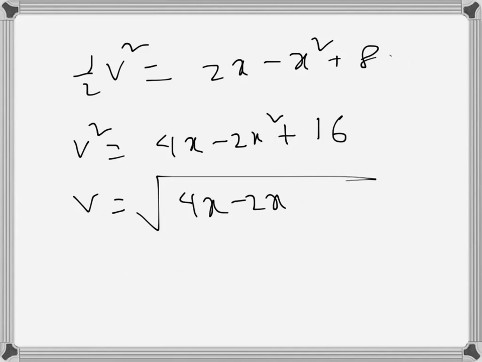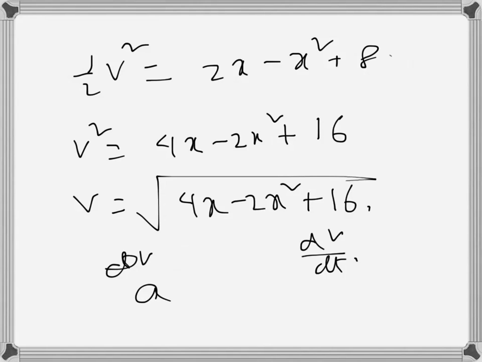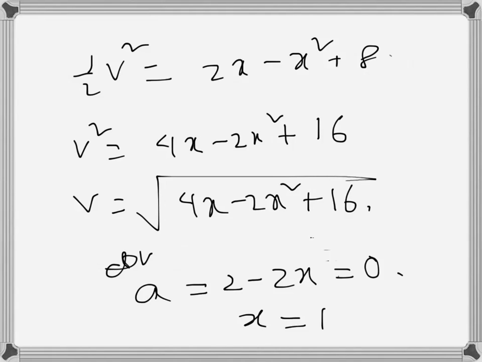We need to find when the velocity is the greatest. When the velocity is greatest, that is maximum, acceleration will be 0. So basically dv over dt is 0 when velocity is maximum. Acceleration is given as 2 minus x, so of course when velocity is greatest, a will be 0, so that will be when 2 minus x is 0, so x is 1.